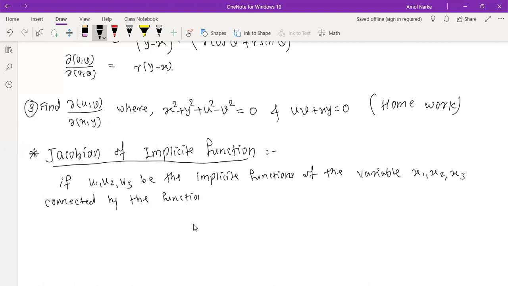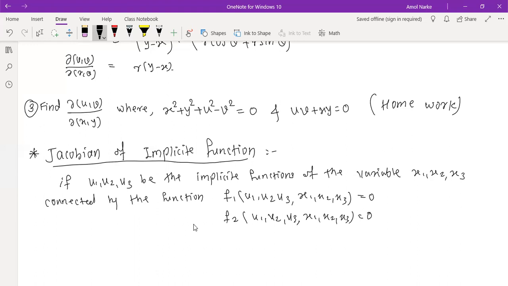So they have given some functions. f1, which is a function of u1, u2, u3, comma x1, x2, x3, is equal to 0. Some f2 function is also given in terms of u1, u2, u3 and x1, x2, x3.